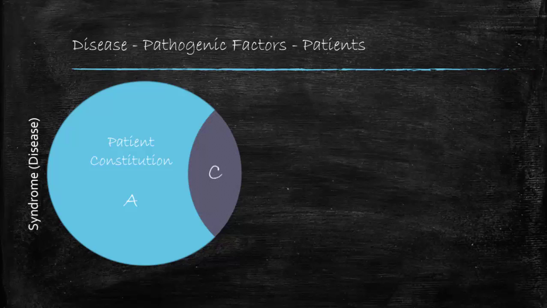But in determining our treatment principle and method, we need to take the constitution of the patient into consideration, because it can directly impact how effective your treatment can be. I will demonstrate that a little later, but I just want you to focus on that.